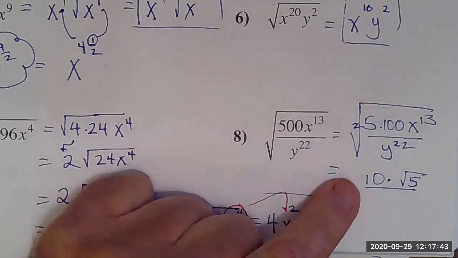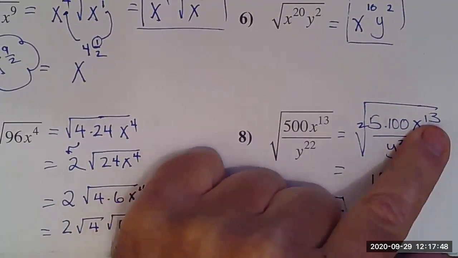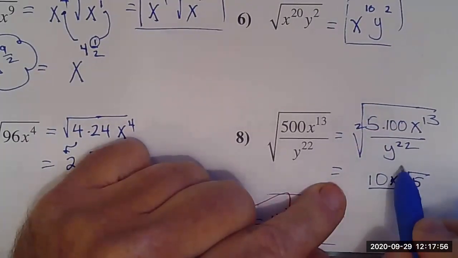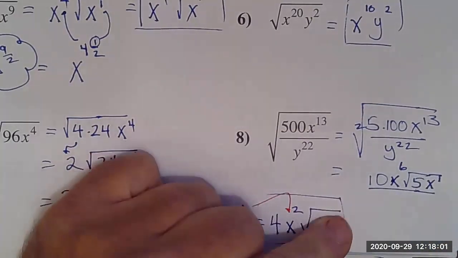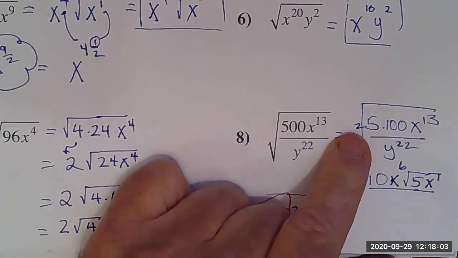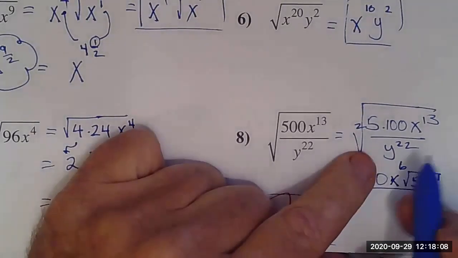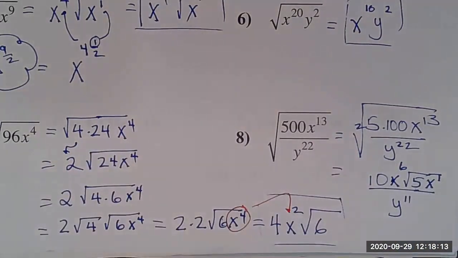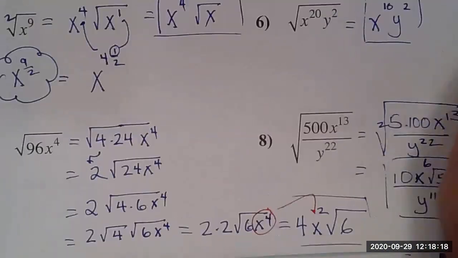It's a square root. 2 goes into 13 six times, and there's a leftover of 1. So 13 divided by 2 is x to the 6th, and there's a leftover of 1. And down here, 2 goes into 22 11 times, no leftovers. So the best looking answer looks like that.